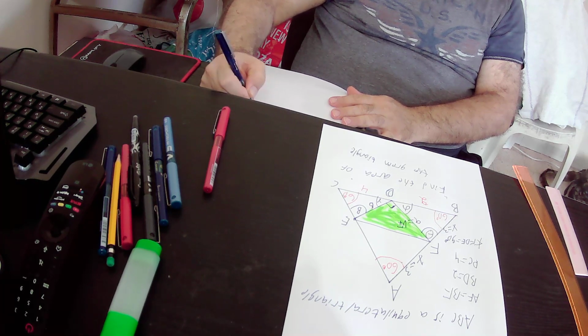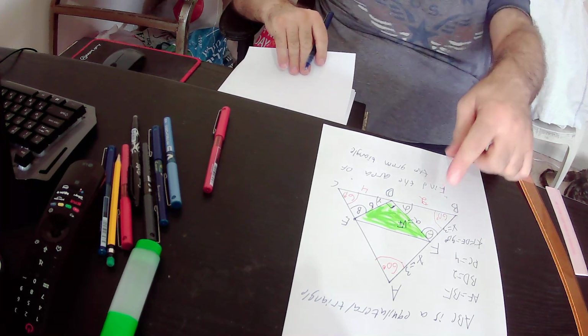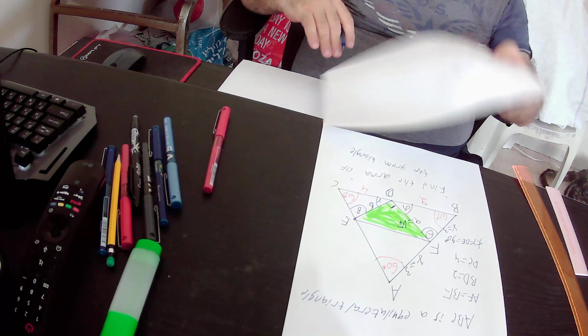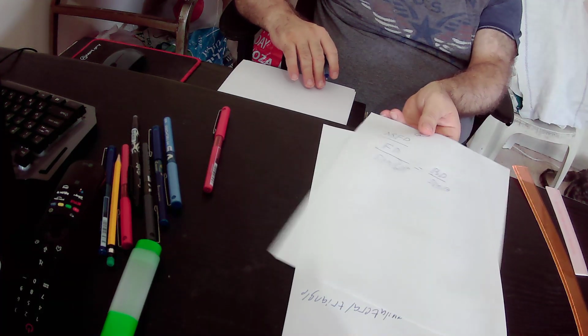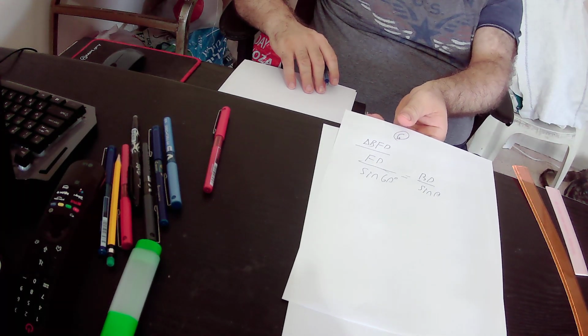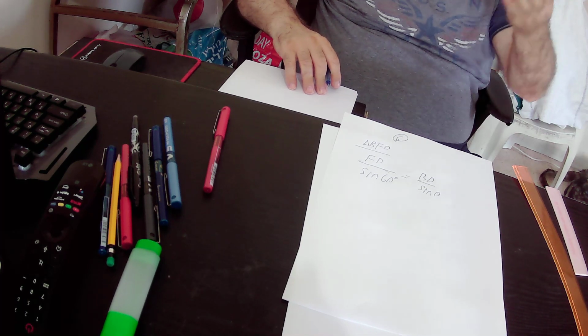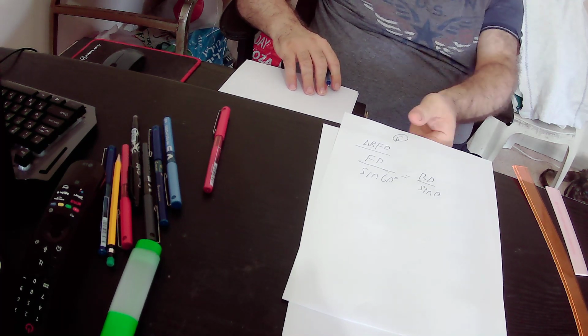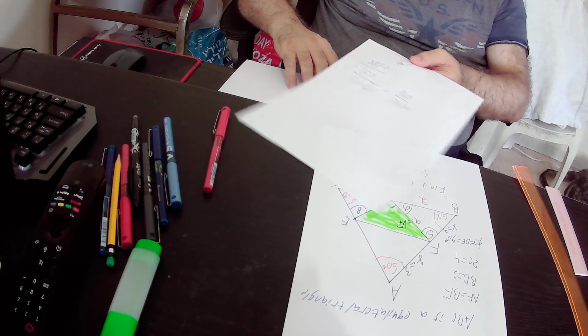Okay, in triangle BFD, FD over sine 60 degrees equals BD over sine theta according to the law of sines.